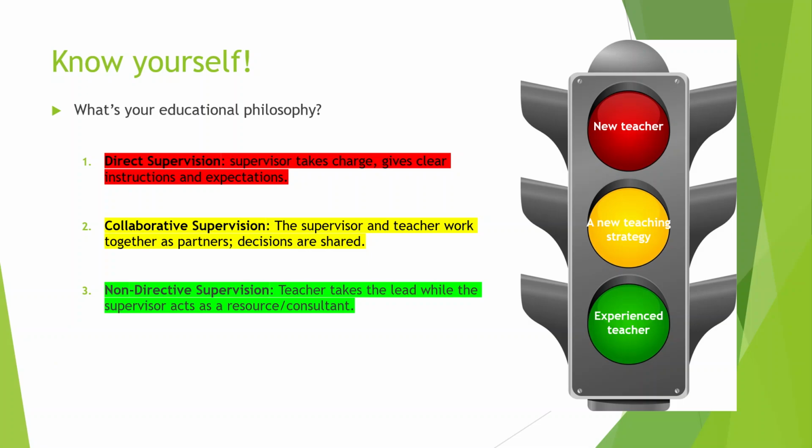So the supervisor provides support only when they're asked. Maybe they'll recommend resources, or they'll just go in and observe the teacher. If the teacher's like, hey, I want to try this, I want your feedback, can you come in? And so it's a little more hands off, but nevertheless, it's very effective. It allows for that teacher to kind of explore their options on that.